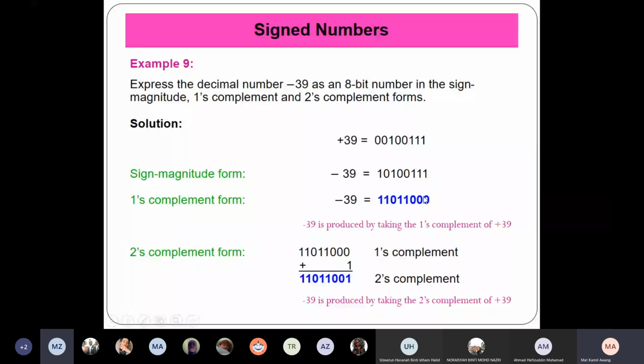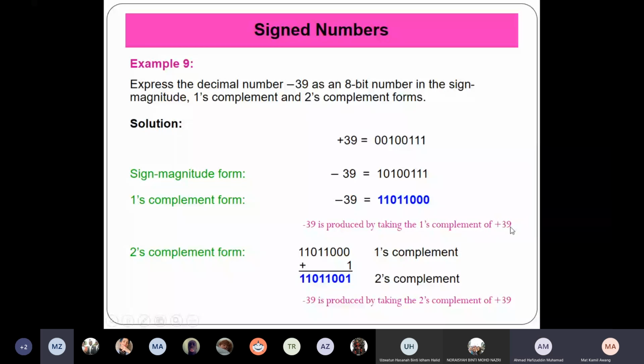So the number 11011000 is the ones complement of minus 39. So minus 39 is produced by taking the ones complement of the positive 39.